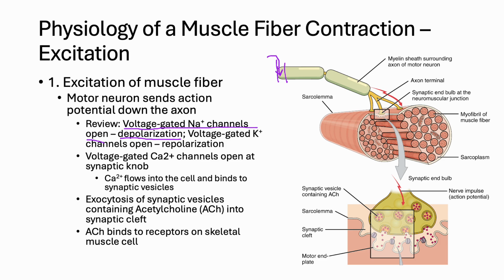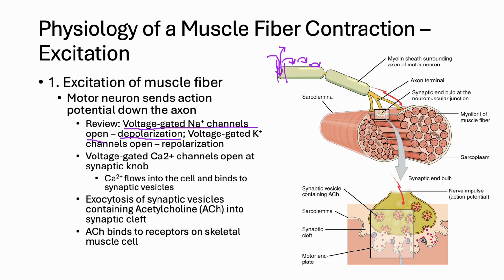Then after that, the voltage-gated potassium channels open and potassium flows out. When positive charge comes out, that repolarizes the membrane. And that triggers it to happen in the next section and the next section, all the way to the end of the axon. So that's just review. That's how the action potential travels.